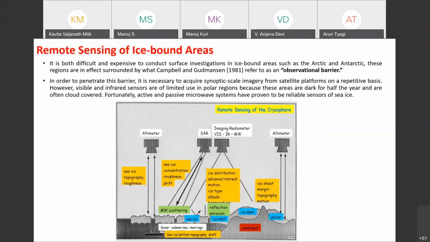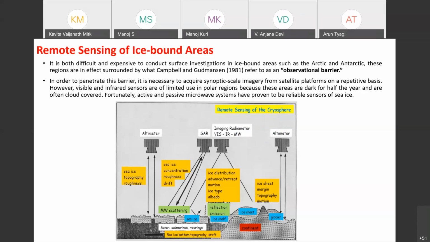Alright. So in order to penetrate or look into these observational barriers, it is very necessary to acquire a synoptic or large-scale view from satellite platforms on a repetitive basis. Why we are not discussing visible and infrared sensors here is also due to the fact that in polar regions it is dark for half of the year and often cloud covered.